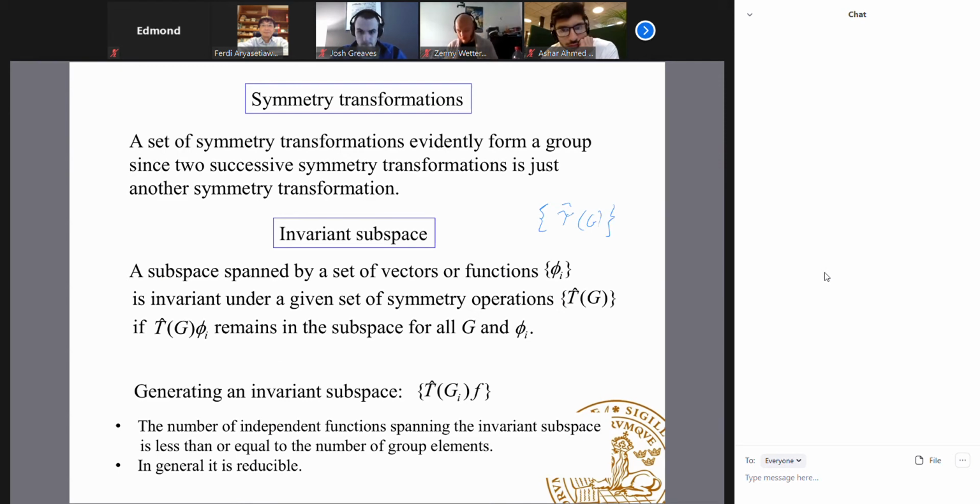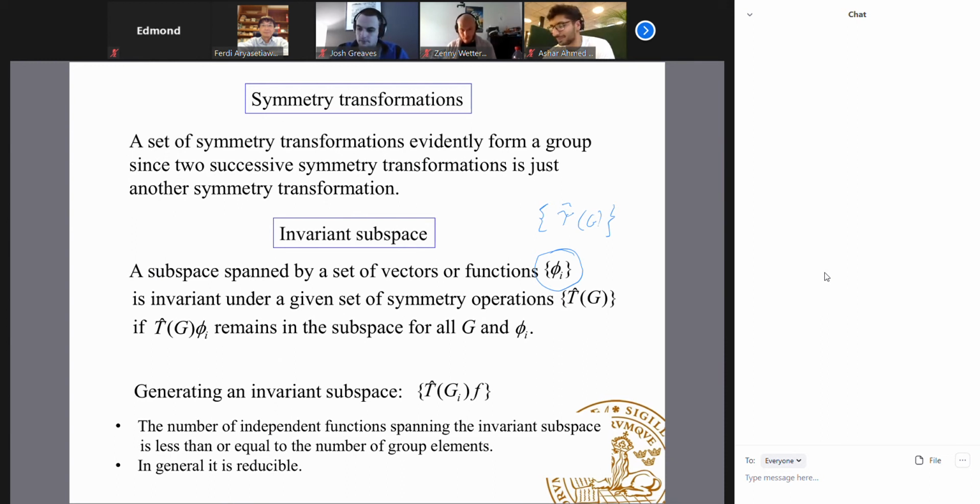In practice, we need to introduce basis functions. Otherwise, we cannot calculate anything. So here we introduce the concept of invariant subspace. A subspace spanned by a set of vectors or functions, if you like, if you work in the position representation, where the set of functions is invariant under a given set of symmetry operations. That's what we mean by invariant subspace.